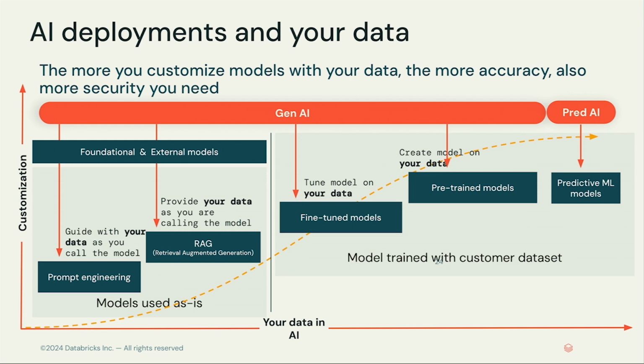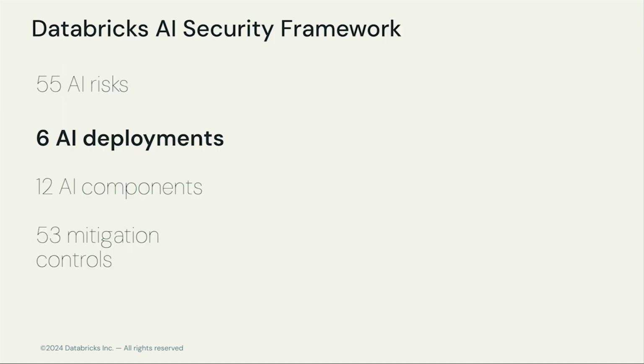There are 6 different ways of deploying, and in the paper we go very deep into what those are, why those are, and how they manifest in your organization. We talked about 55 risks, annotated with 6 different deployments. So certain risks apply based on the deployment type. If you're using RAG, you have relevant risks.